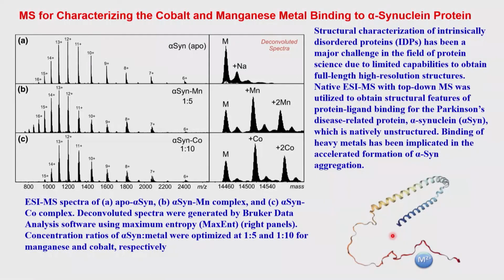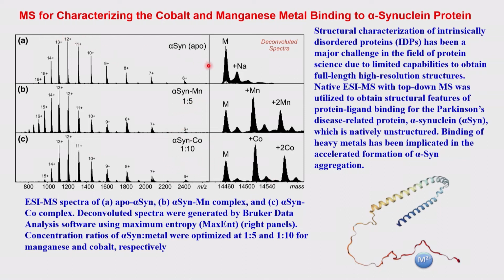Let's look at another very similar kind of thing. There are some proteins which are intrinsically disordered proteins, but when you add some metal ions, that disorder disappears and they become more ordered and they become aggregated as well. This is for the cyanocular protein. This protein with manganese salt 1:5, protein with the cobalt salt 1:10.